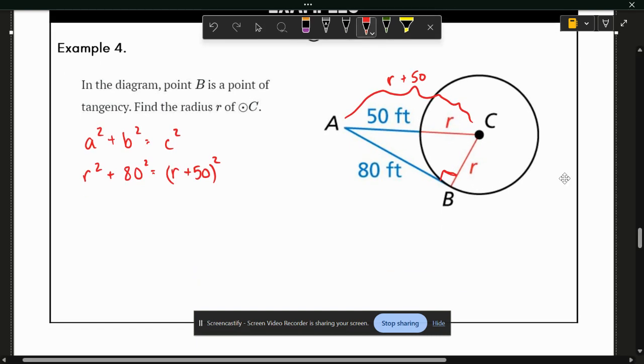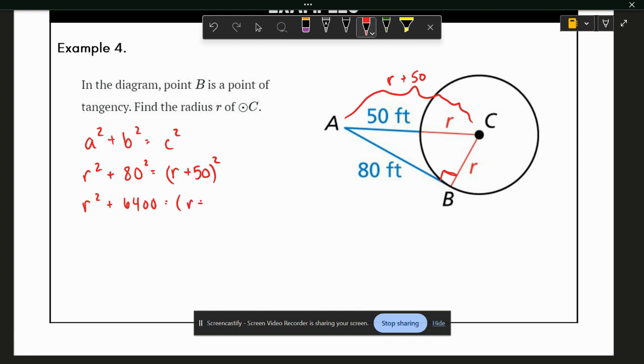I'm going to rewrite this out. r squared is going to stay. 80 squared is going to give us 6,400. And then I need to FOIL this.